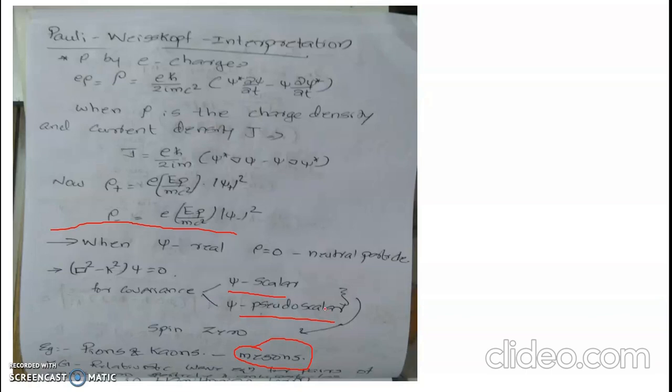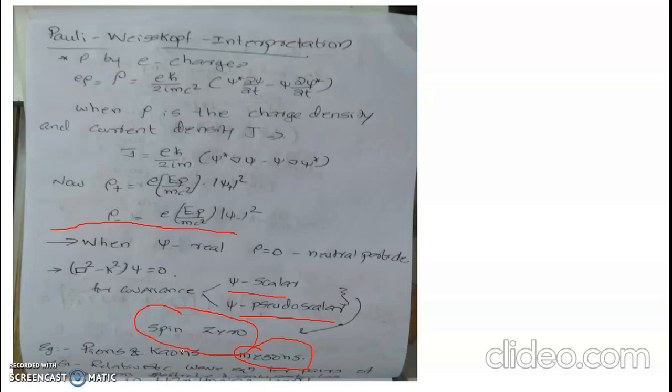So the Klein-Gordon equation is the relativistic wave equation satisfied by spin 0 particles having charge either positive or negative or 0. However, for the equation to be satisfied, it must be an assembly of neutral particles. So, if there are positive charges, there must be equal and opposite negative charges as well, occurring as an assembly.